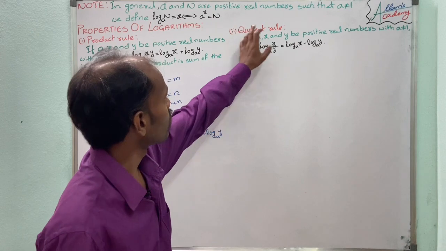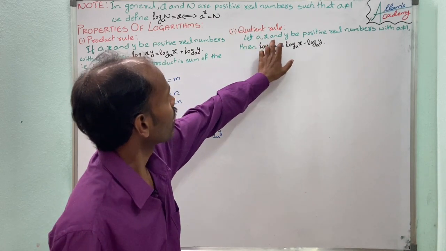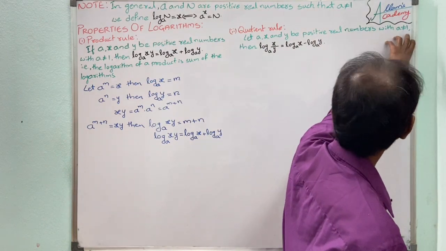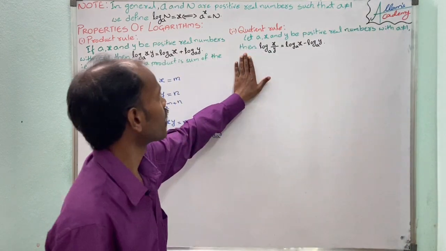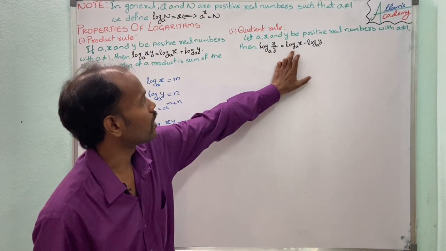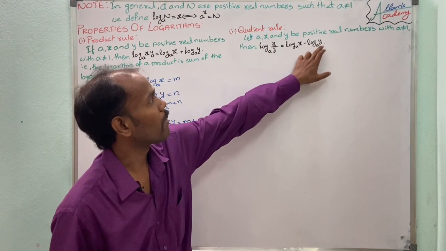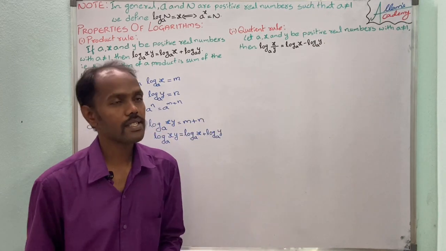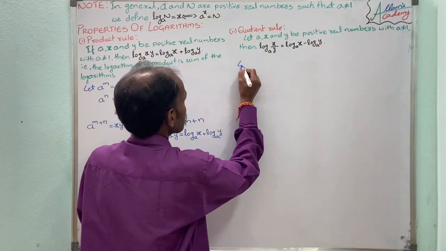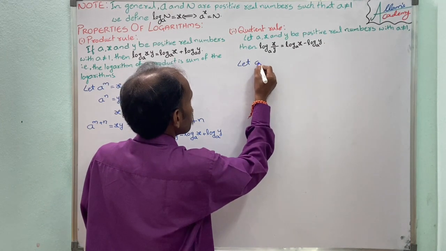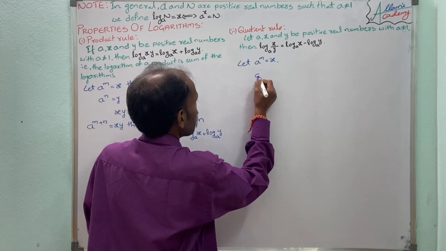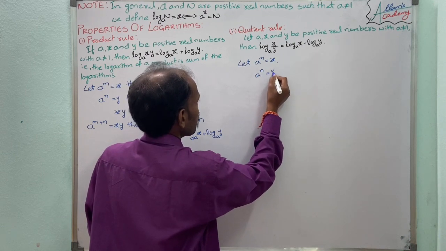Now the quotient rule. Let a, x and y be positive real numbers with a not equal to 1, then log x by y base a equal to log x base a minus log y base a. So here also, let a power m equal to x and a power n equal to y.